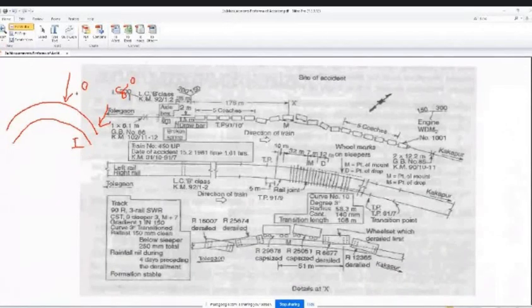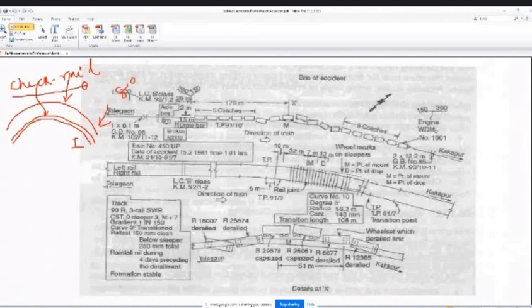Whenever a curve of 8 degree and above is there, it is mandatory to provide check rails on the inner side. Other than this rail, they have to provide one more rail, called the check rail. When an 8 degree or above curve is provided in unavoidable circumstances, then the check rail is compulsory.